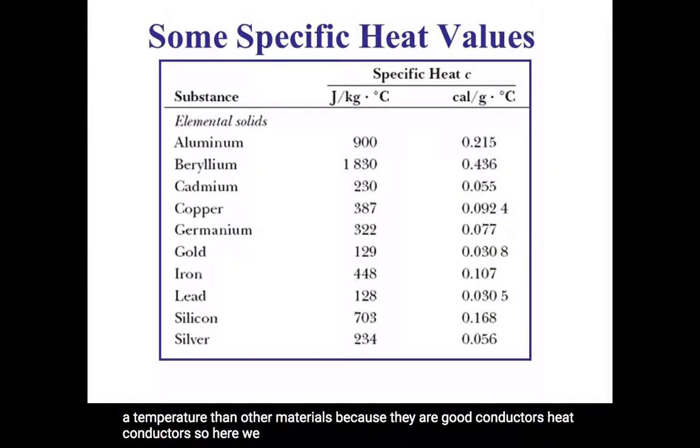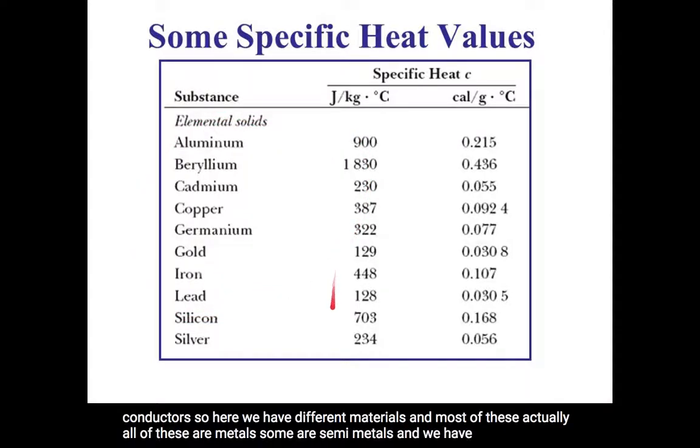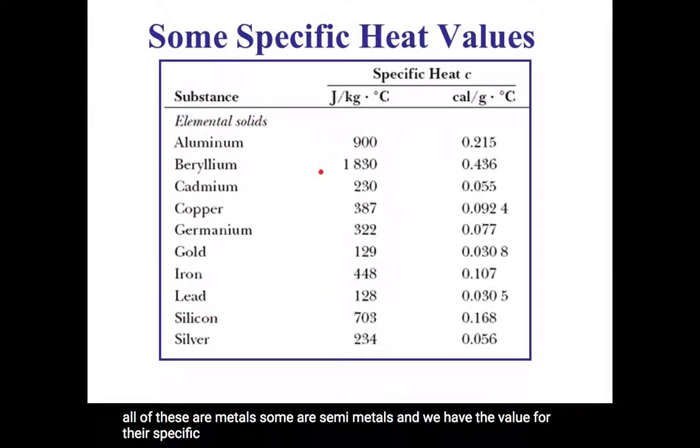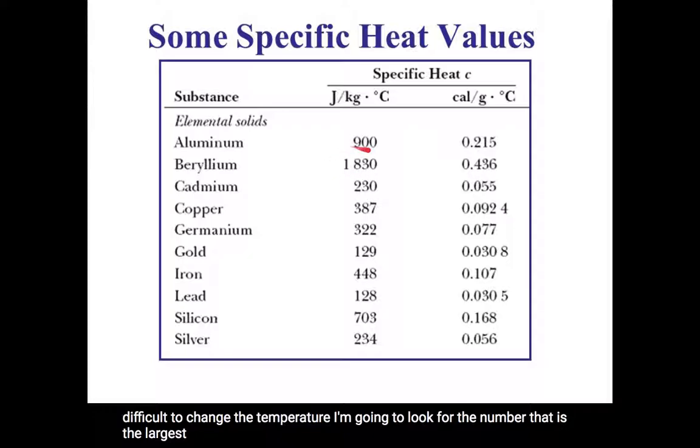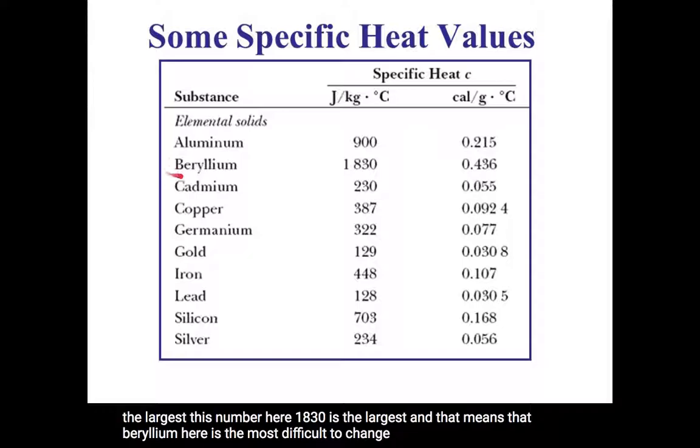So here we have different materials, and all of these are metals, some are semi-metals, and we have the value for their specific heat. If I ask the question, which material is very difficult to change the temperature, I'm going to look for the number that is the largest. This number here, 1,830, is the largest, and that means that beryllium is the most difficult to change the temperature.